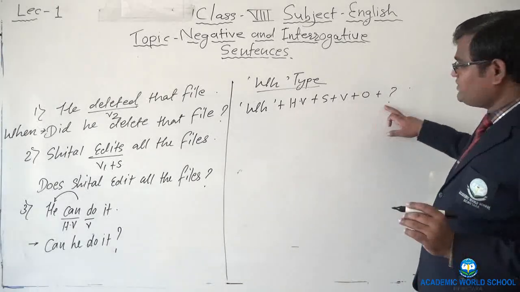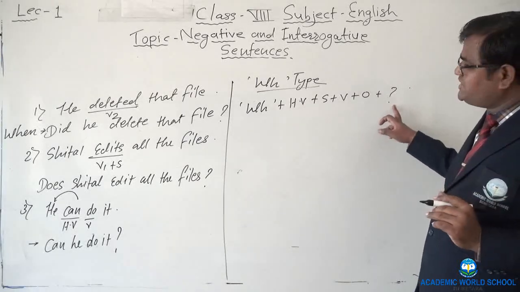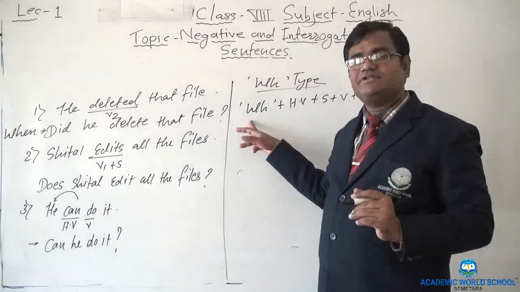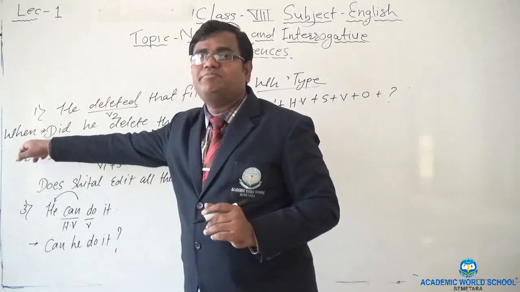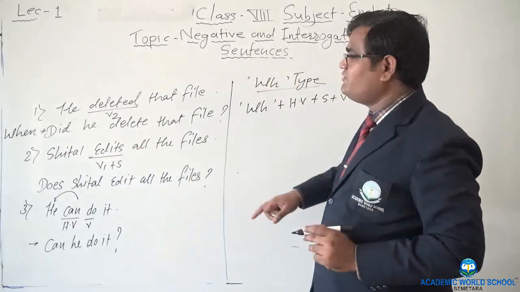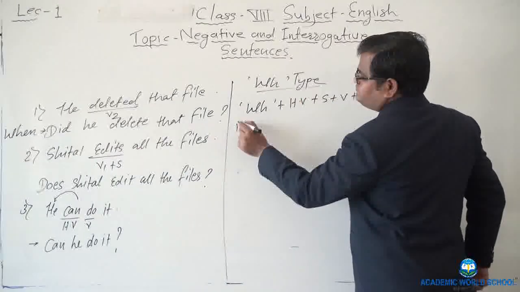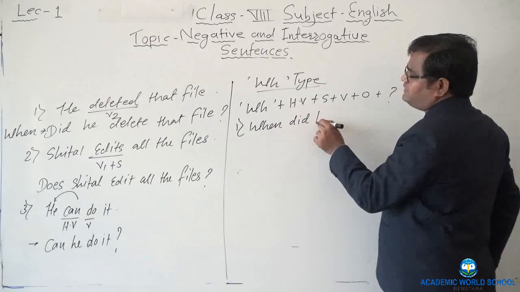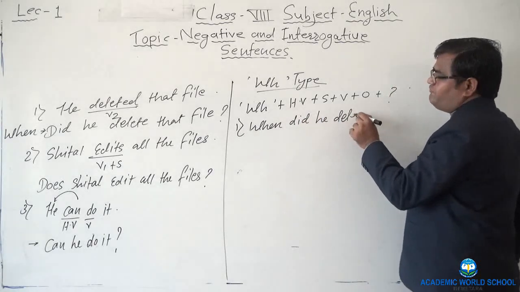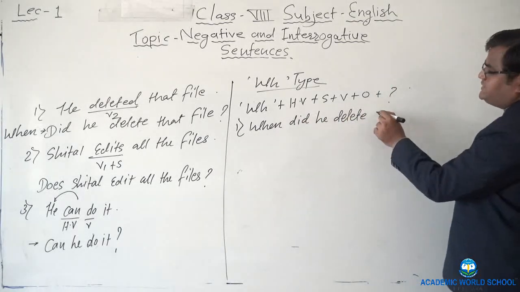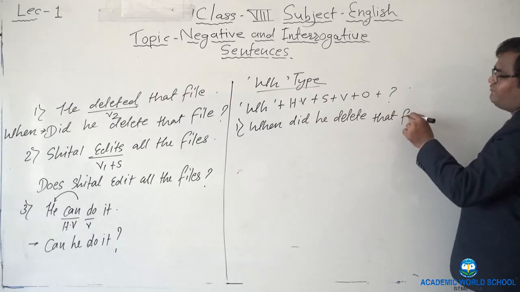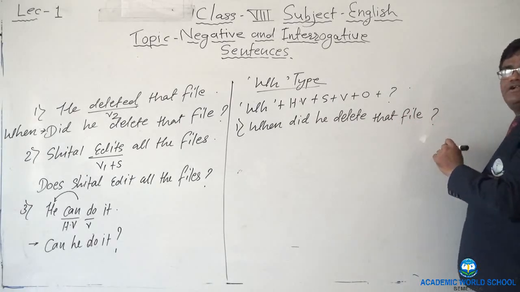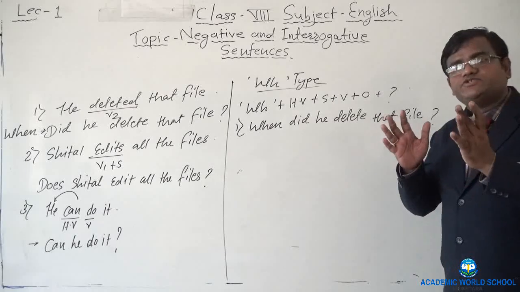See, it is the same formula as the verbal type of question. The only additional thing I have done is adding the WH word. So the same question will be: When did he delete that file? Now the question is absolutely correct.